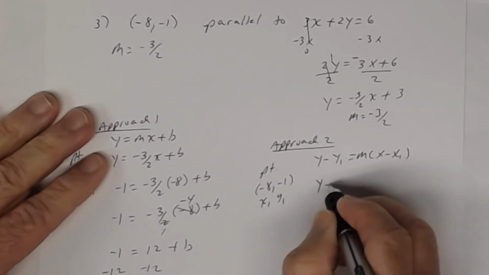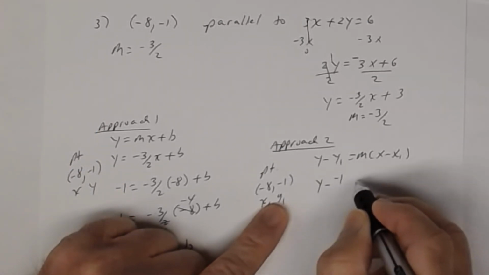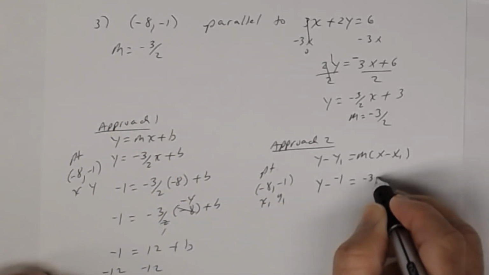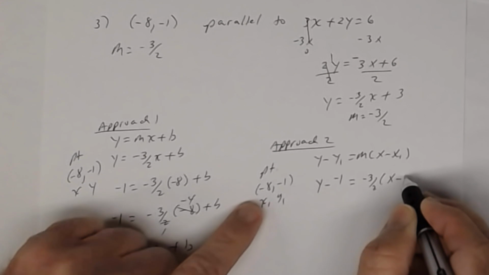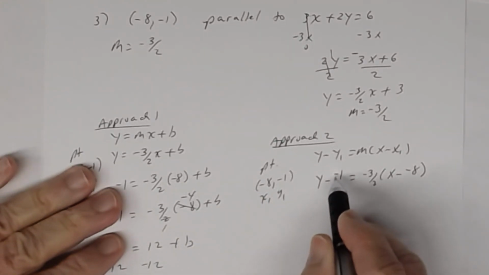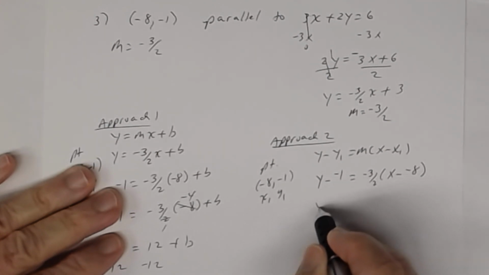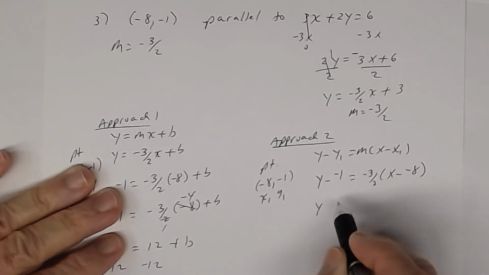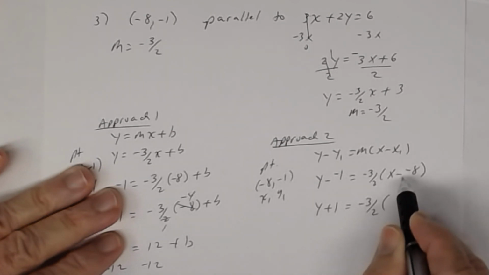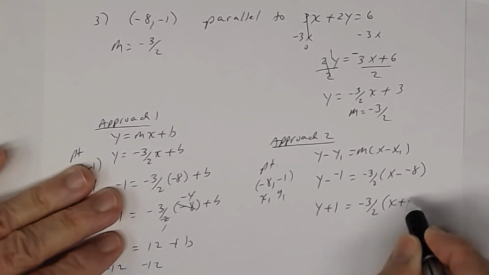So I get y minus y1, which is a negative 1, equals the slope, which is negative 3 halves, times x minus a negative 8. Rewriting the subtraction as addition, y subtract a negative 1 means y plus 1 equals negative 3 halves, and then x subtract negative 8 means x plus 8.